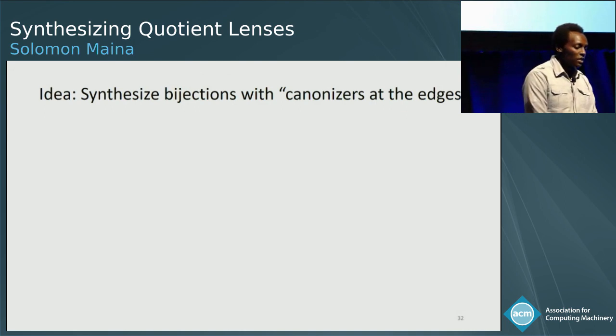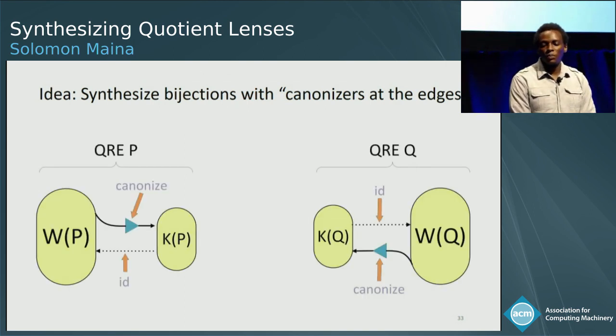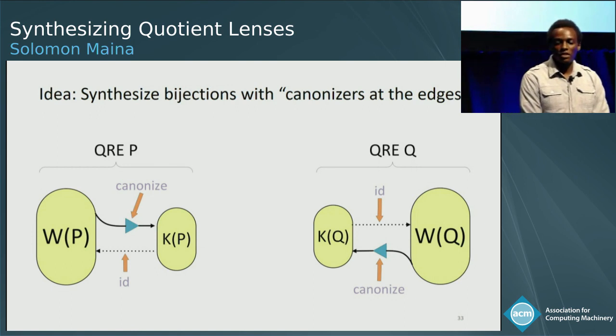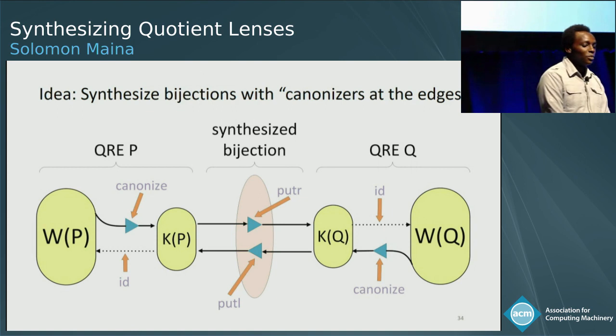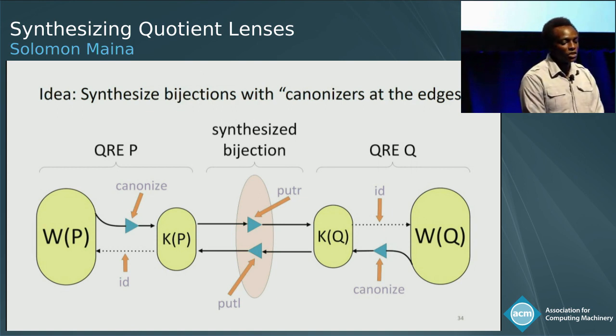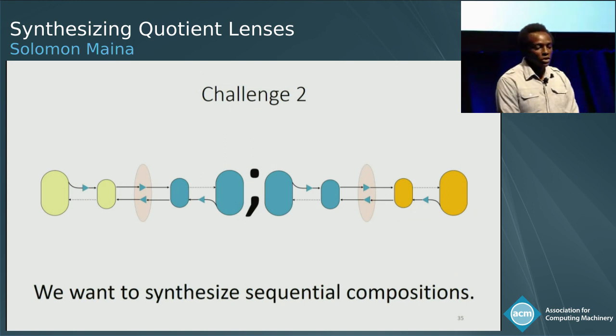Okay, so going back, as I said, we want to synthesize bijections with canonizers at the edges. So now we have a way of specifying the canonizers at the edges. And the next step is simple. We plug in a synthesized bijection in the middle. But this is not the whole story.